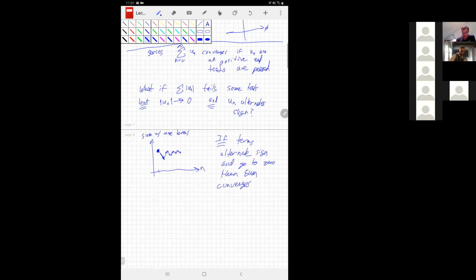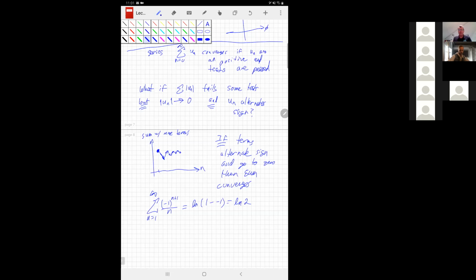And the classic example of this is the sum from n equals 1 to infinity of -1 to the n plus 1 over n, which is the series for ln of 2.